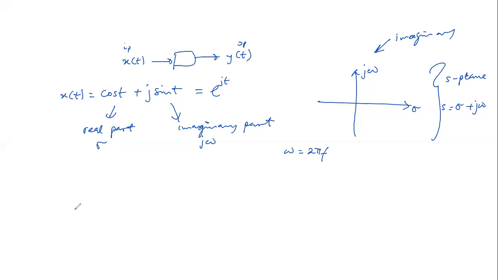So if that is what it is, then S of t in relation to the S-plane can be designated as epsilon st. So we can therefore conclude that epsilon st is the same as the input signal. So for a continuous time system, the function having this type, epsilon st, is usually referred to as the eigenfunction.